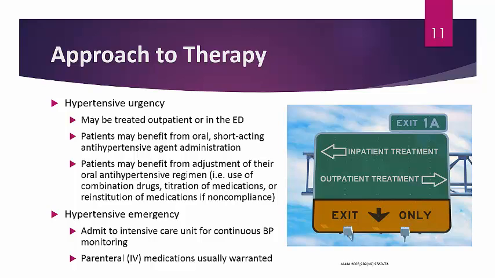One that I like to think of that's pretty common is an ACE inhibitor plus a thiazide diuretic. Another option is a titration of medications. Maybe the patient has not been at their optimal dose of medication to manage their hypertension, and as a result needs to have a dose increase. Or maybe they may need to restart certain medications if they are not compliant with their medications.